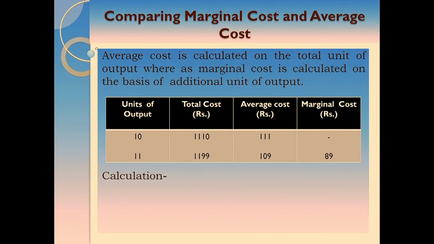Total cost is 1110, and units produced is 10. Units by spending 1110, and 11 units by spending 1,199.